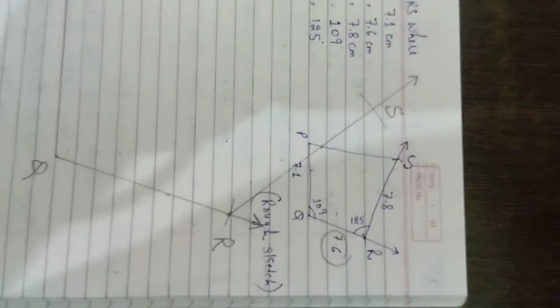So you have got P, Q, R, S all. Join all these points and we'll get a quadrilateral. Okay, take a scale and join PS.